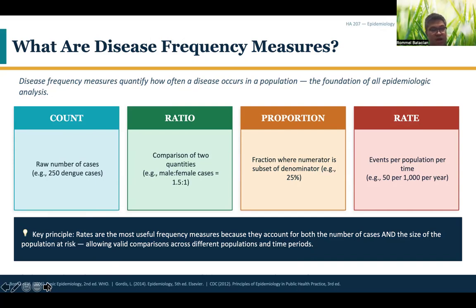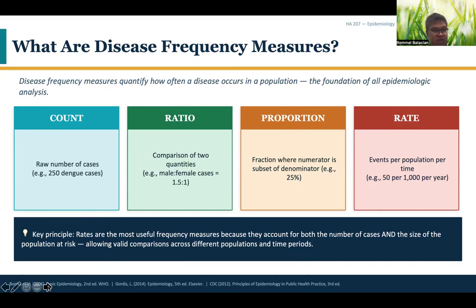The first one is count, which is the simplest. It's just the raw number of cases. For example, 250 dengue cases were recorded in July. That is useful for basic situational awareness, but it has a major limitation.